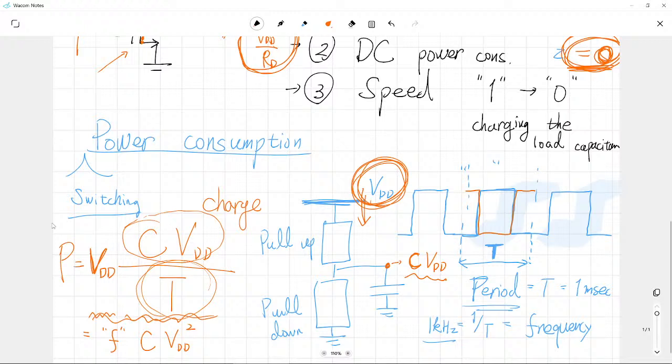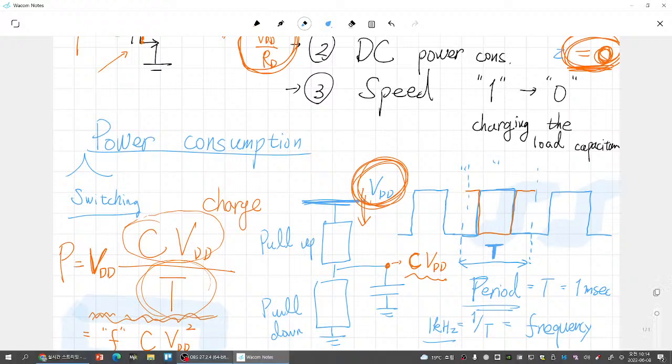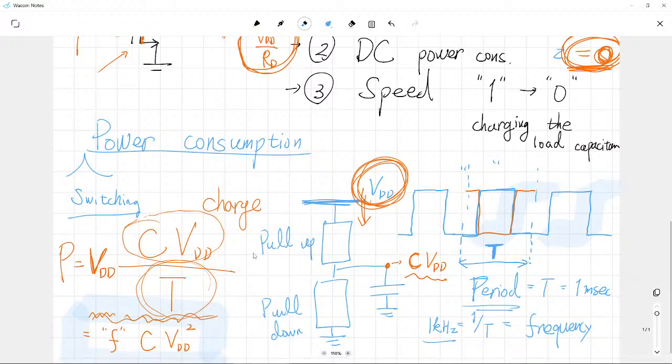So you know that for a certain system, in this case we have not used the property of the pull up device and pull down device. Even in this case we can use different configuration for pull up and pull down.